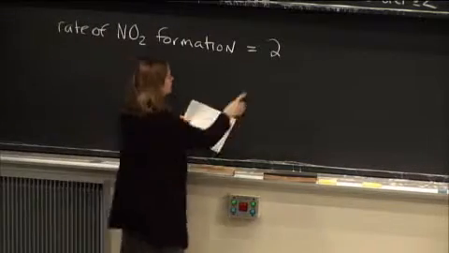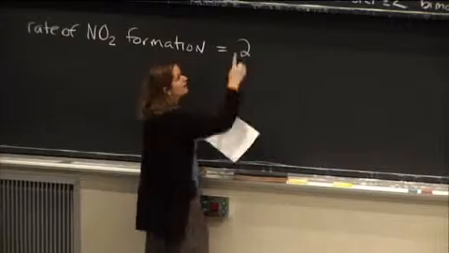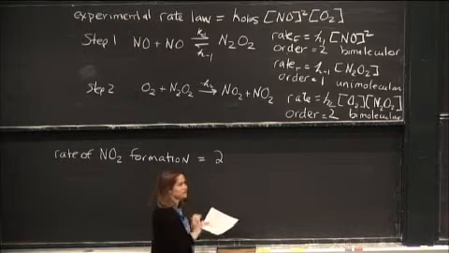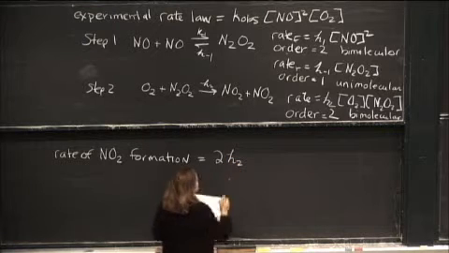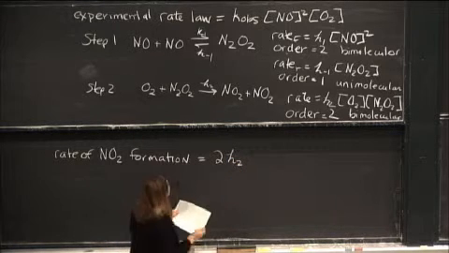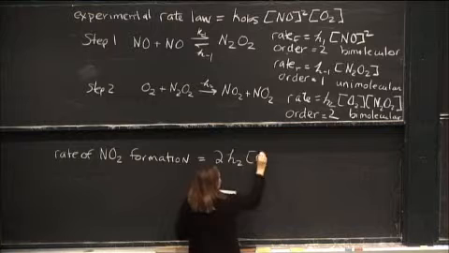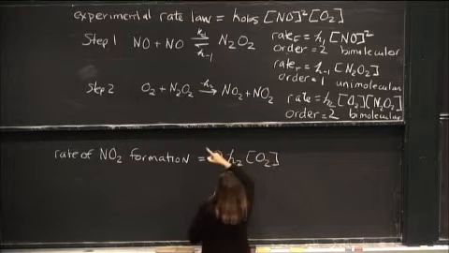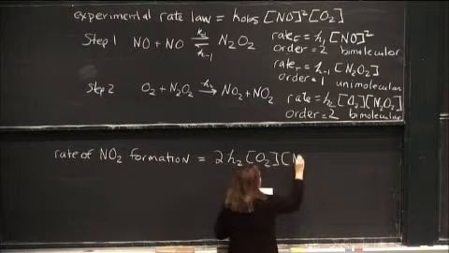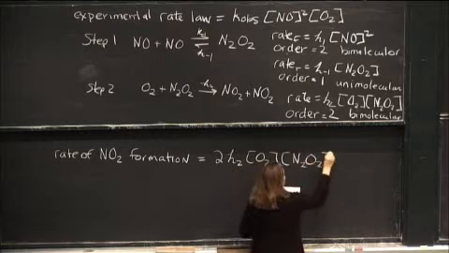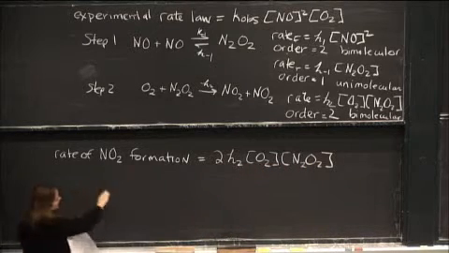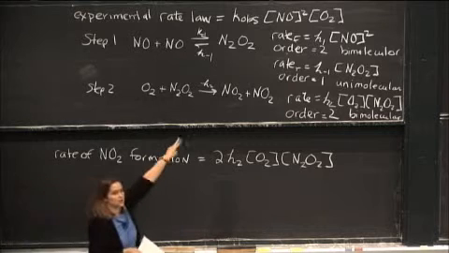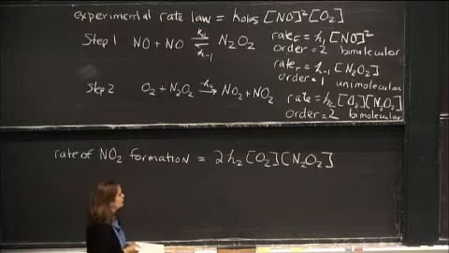But if you see a 2, and 2 things are being formed, you know where that comes from. So 2 times K2, the rate constant of that last step, times the concentration of O2 and the concentration of N2O2. So we're writing out just that last step there with the 2 because 2 molecules of NO2 are being formed.